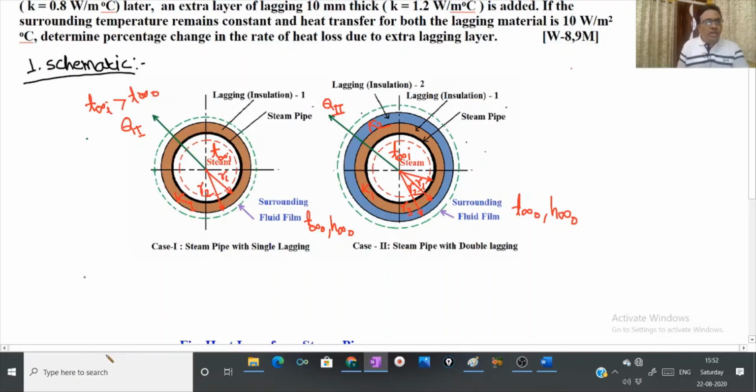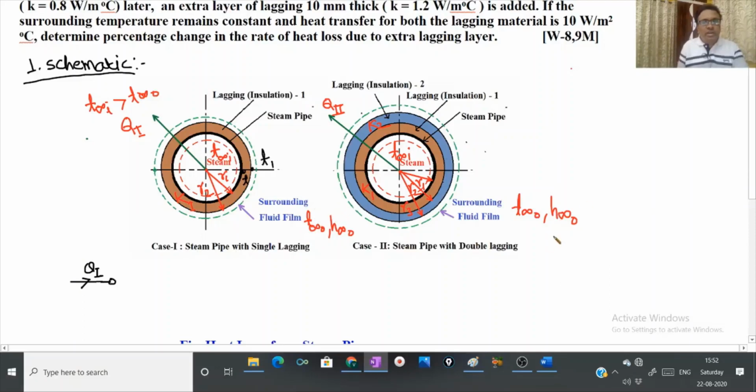So in case 1, the flow quantity is the heat loss rate Q1, and the first thermal resistance will be offered between, let's say, the cylinder surface, the steam pipe temperature T, and the outer insulation temperature T1.